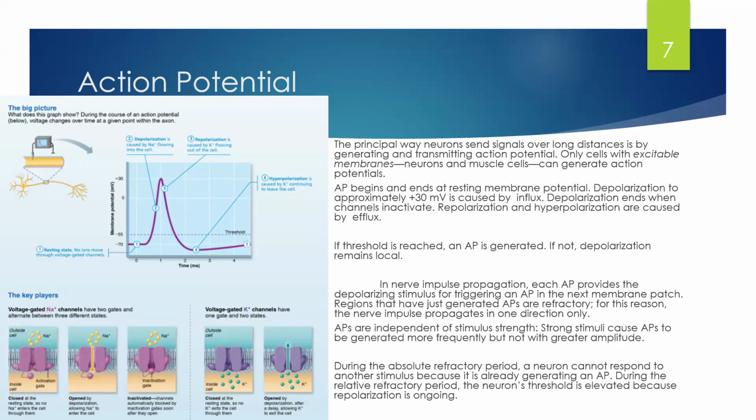Graded potential is the change in the membrane of the dendrite, in proportion to the strength of the stimulus. So the stronger the stimulus, the more ion gates open. And then potential is the opening of ion gates results in the flow of ions across the cell membrane and results in a change in charge.